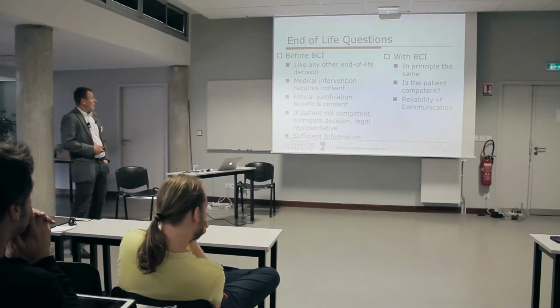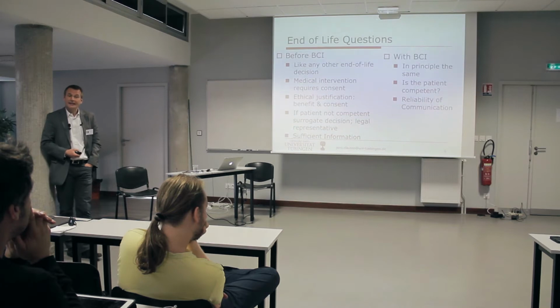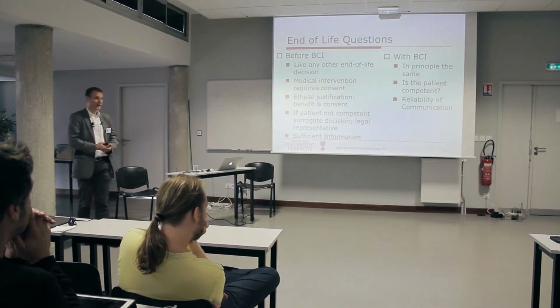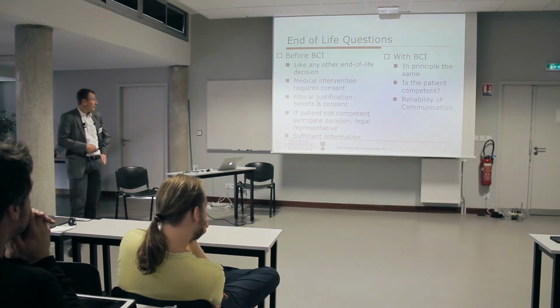Of course, the end-of-life question is quite common in clinical medicine and medical ethics. Before these patients have a BCI, the situation is like any other end-of-life decision with any other patient in the clinic. Any medical intervention requires consent.